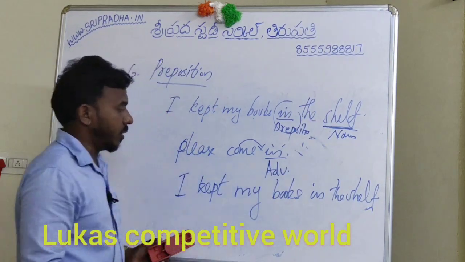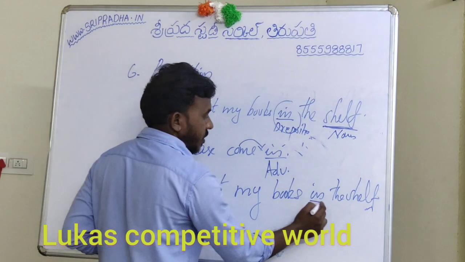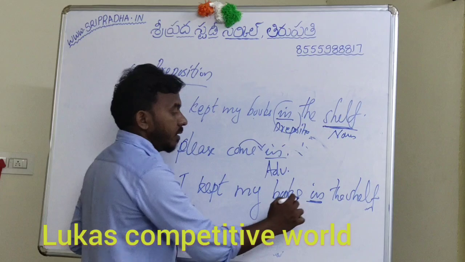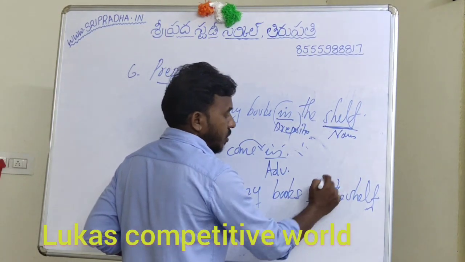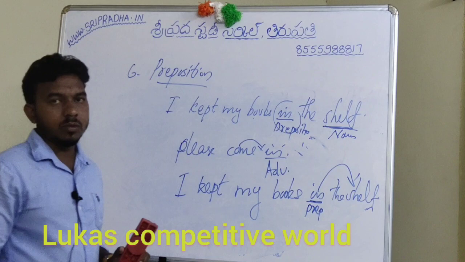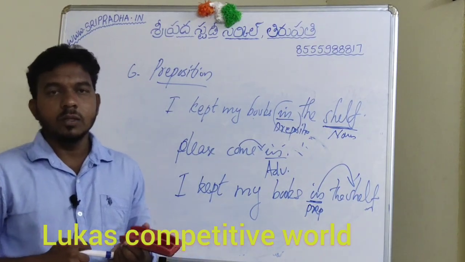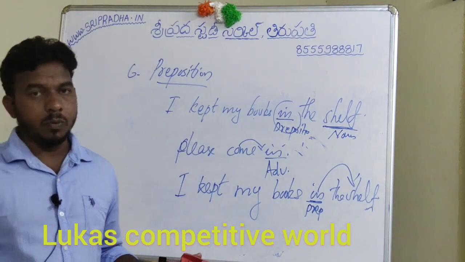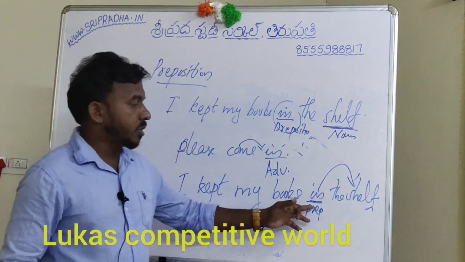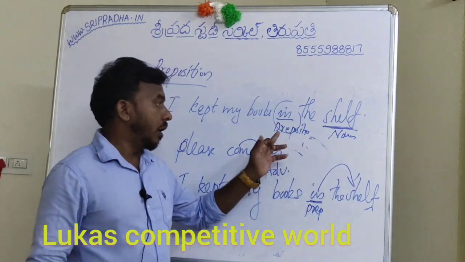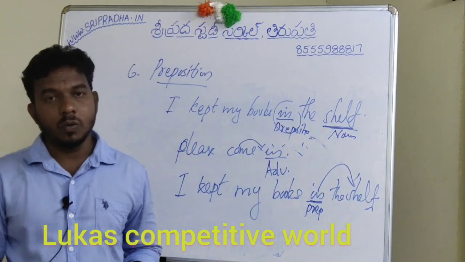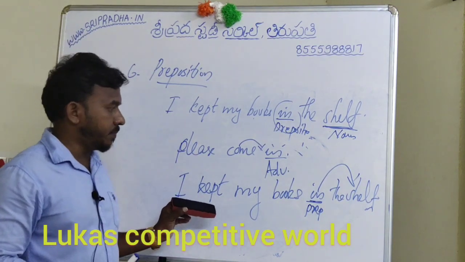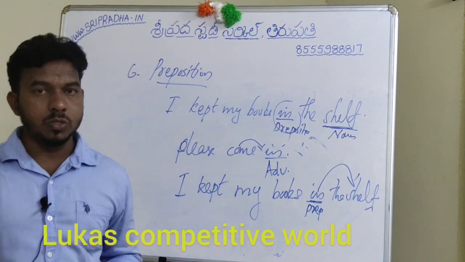Look at the same sentence I used here: I kept my books in the shelf. What is this? Here it's not an adverb. Here it's a preposition, because after this "in" there is a noun. So they may ask you, and you may get adverb or preposition. Just remember, after a preposition there will be a noun or pronoun, and an adverb never takes a noun or a pronoun after it.